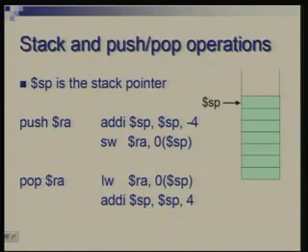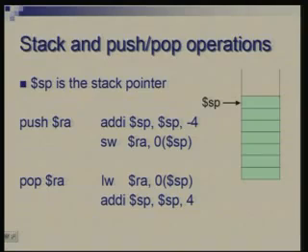You pick up the value from the stack as pointed to by the stack pointer, put it in the desired register, and update the stack pointer, increasing it by 4 so that the value is no longer considered part of the stack.